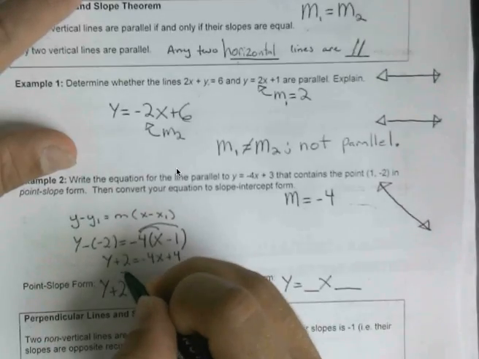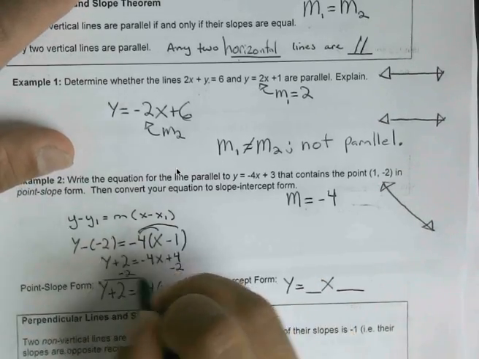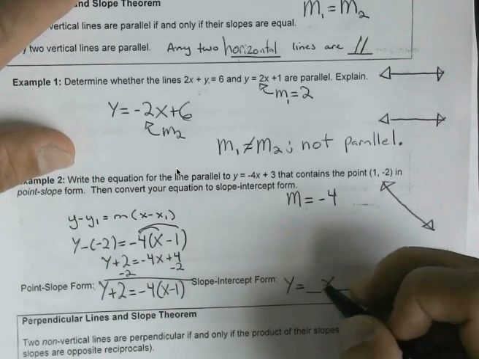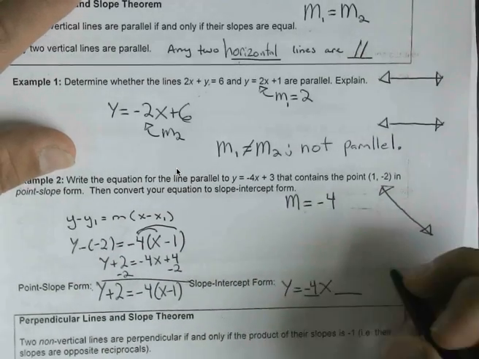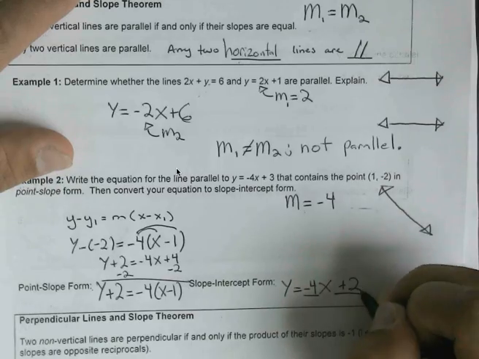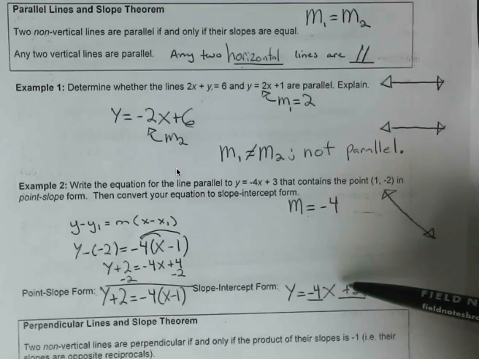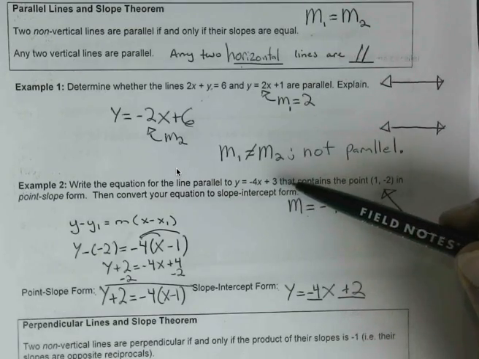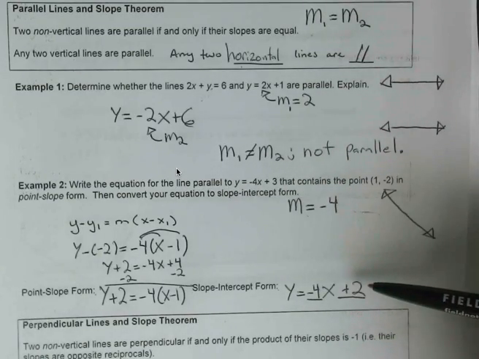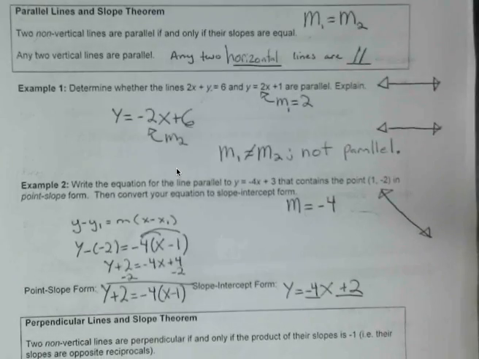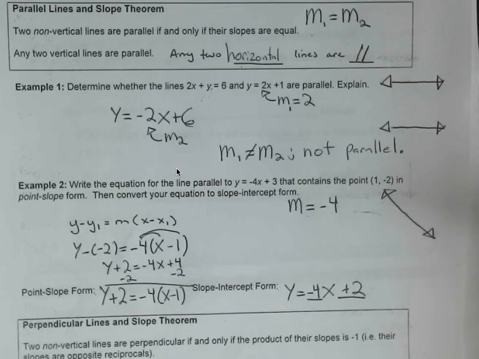Get rid of 2. So this is going to be y equals negative 4x plus 2. And how can we check if we're right? Well, I know that this was supposed to run parallel to negative 4x plus 3. They have the same slope, different y-intercept, so that's definitely a safe answer. Great.